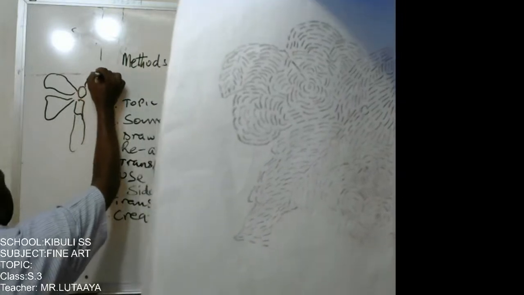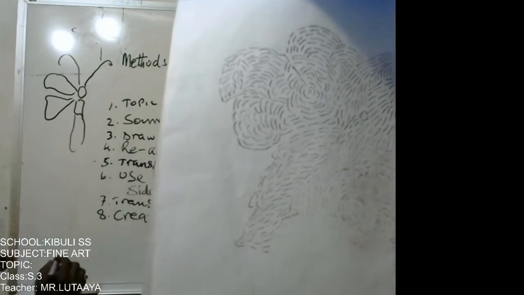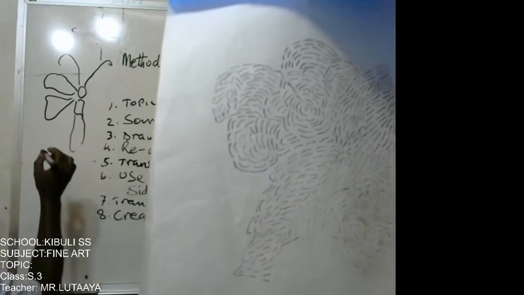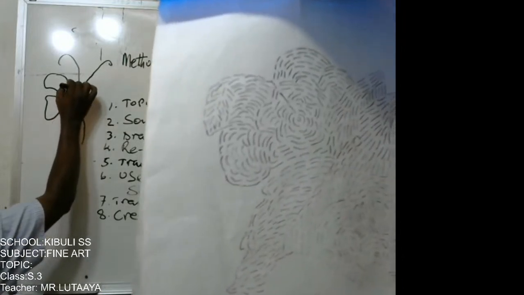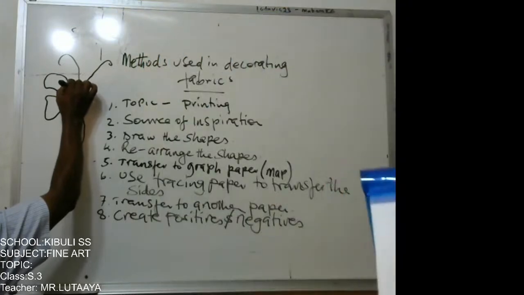Assuming this is a butterfly, it can continue this side. But now, create positives and negatives. Now this design, I find a way how I should segment it.